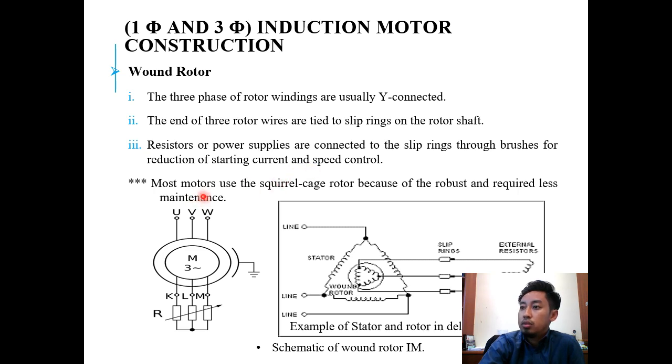You should remember that most motors use a squirrel cage rotor because it is robust and requires less maintenance. So why do they still select the squirrel cage? Because it needs less maintenance compared to the wound rotor.